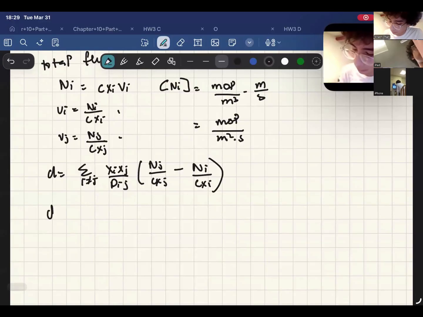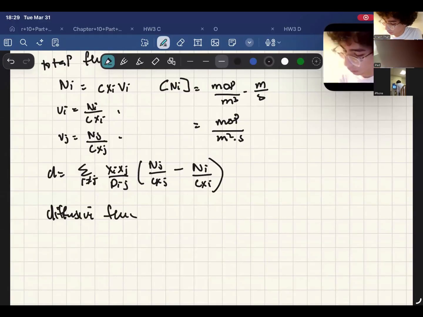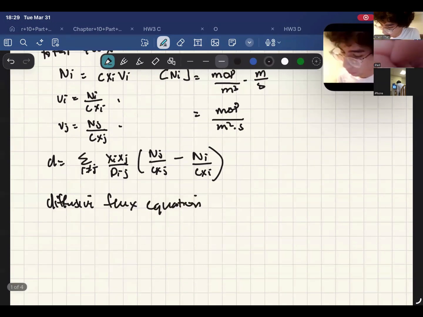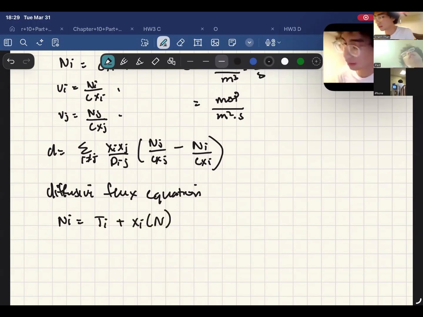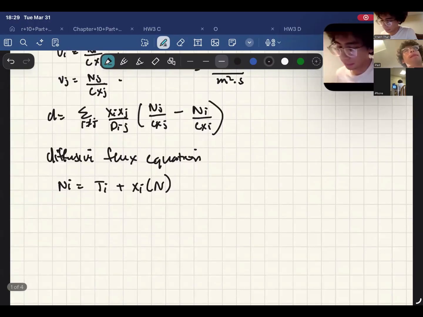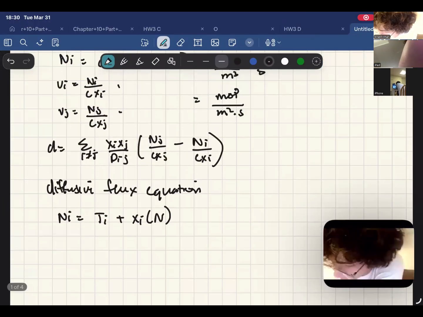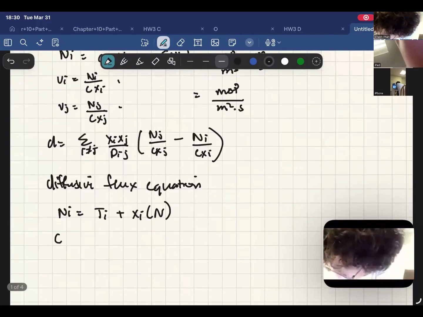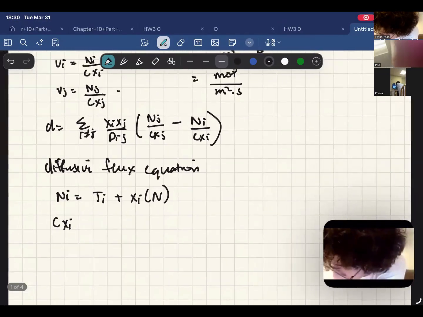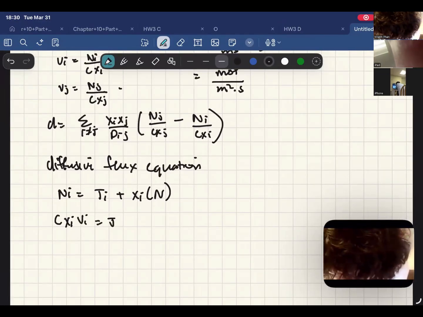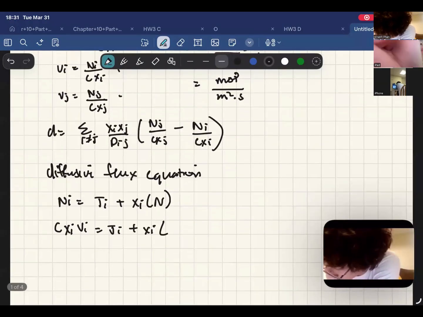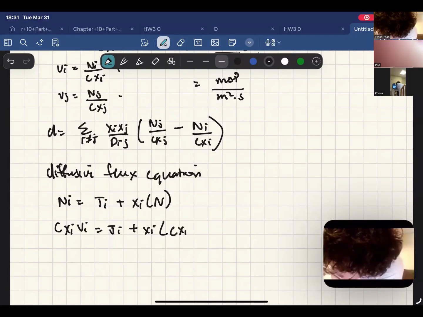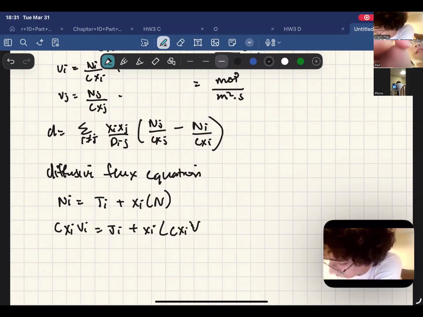So for the diffusive flux equation, we have N_i equal to J_i plus mole fraction of i times N, where N is the total flux. In this equation, we know that N_i is equal to concentration times x_i times v_i, and then we have J_i plus x_i times N. We know N is equal to concentration times the total velocity.